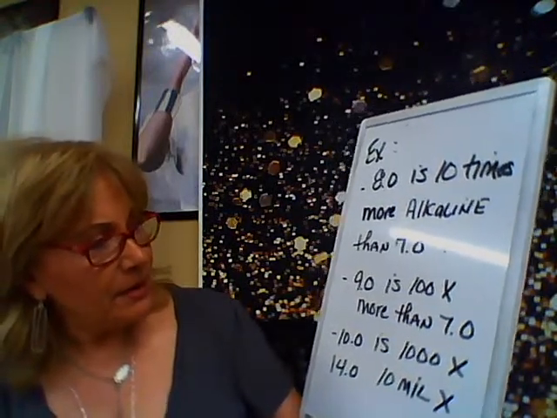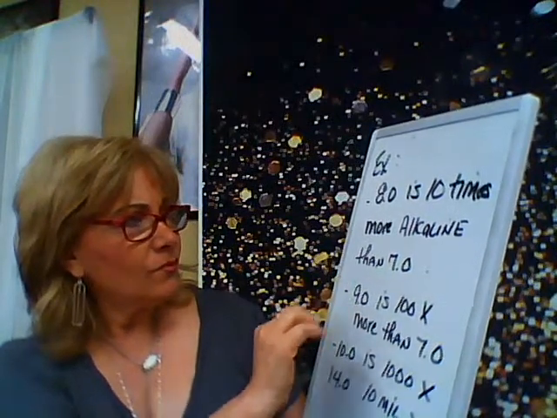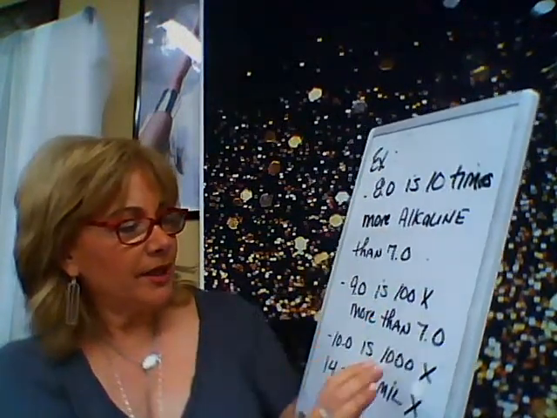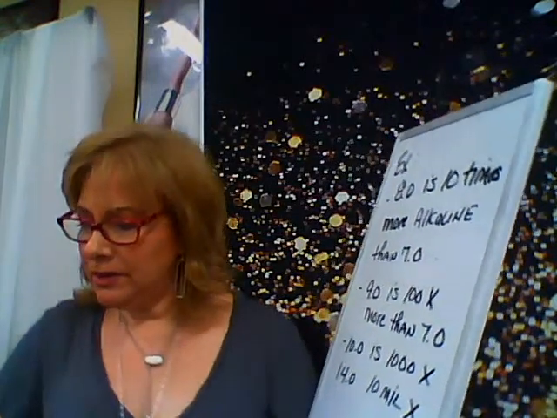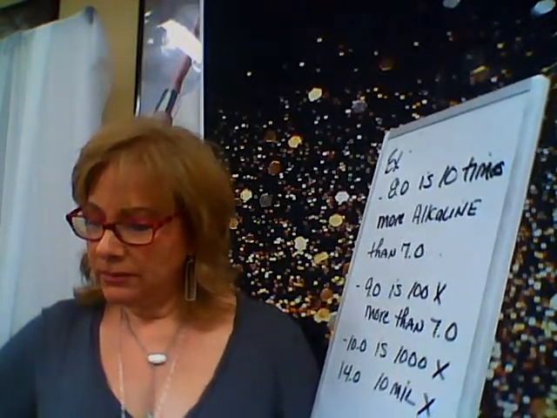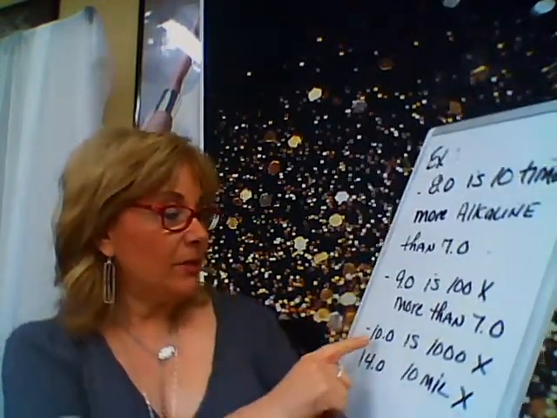Let me see. Okay, from 7, it's like a 0. 10, 100, 1,000. Oh, a million. Wait, no, I got this wrong. 10 is 1,000. Okay, yeah, because I only went up to 10.